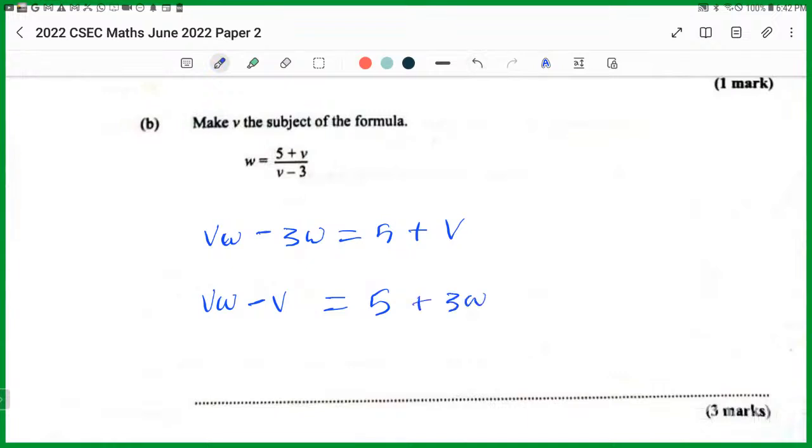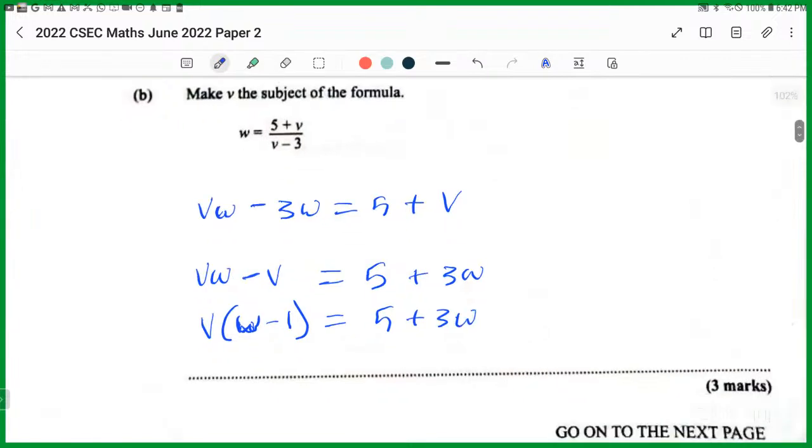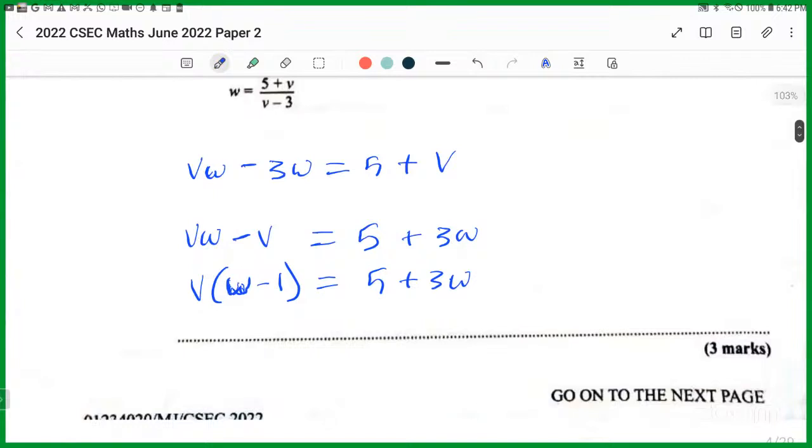Then now it's a matter of factorizing the v out of these two terms. And so we get v bracket, out of this is w, out of this it is negative 1. So we get w minus 1, and that is all equal to 5 plus 3w. And all we have to do now is take this w minus 1 and divide it on the other side.